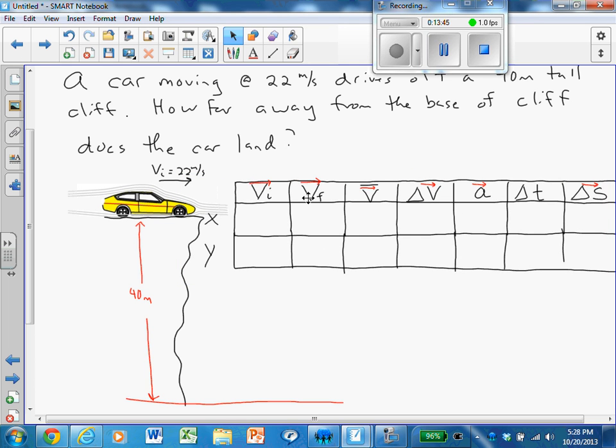Now we know information already that we can fill in. So first off, horizontal speed in the x direction, or Vx, is equal to 22 meters per second initially. And for the whole flight of it, till it crashes to the ground, it keeps this speed. It does not change. The horizontal stays the same. So all those are 0 right off the bat.